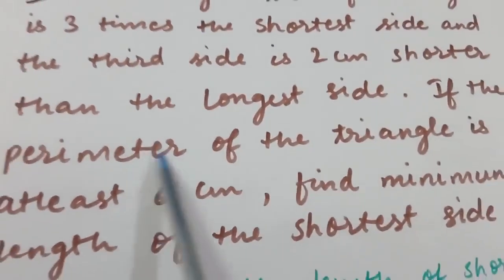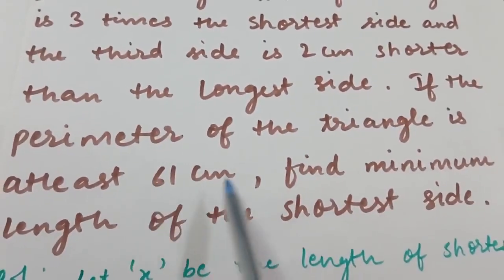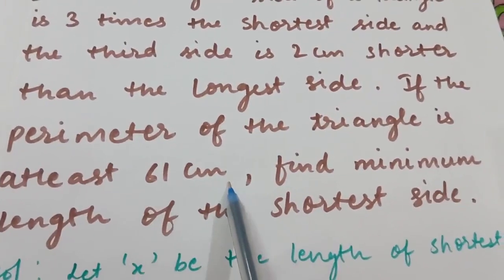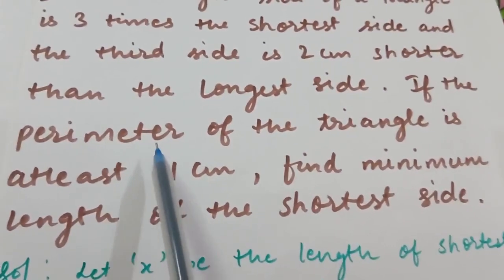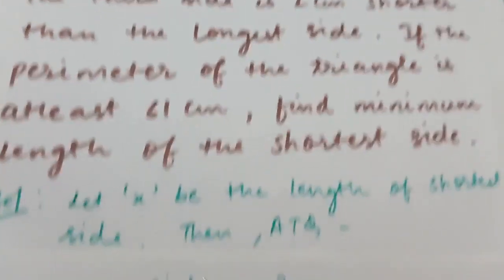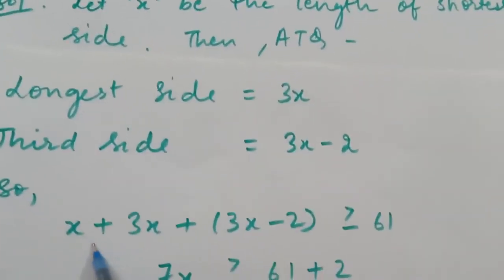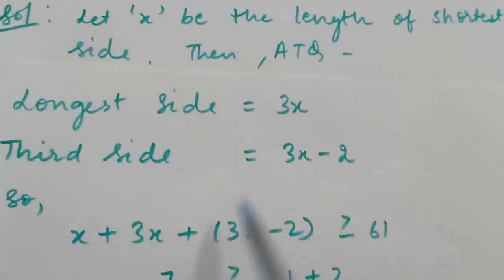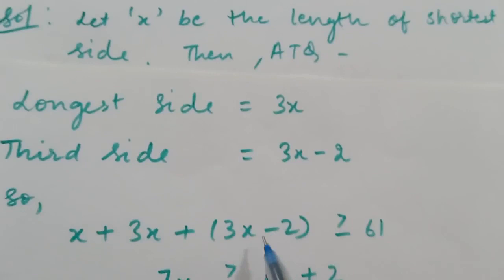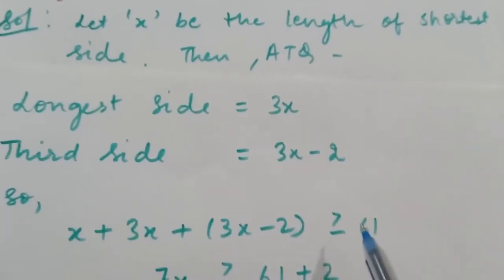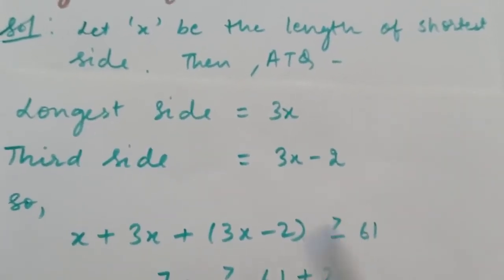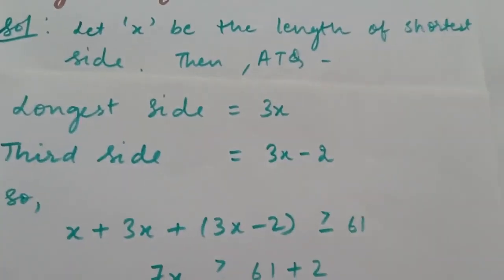Now it is given that the perimeter of the triangle is at least 61 cm. As perimeter is the sum of all three sides, so sum all three sides: x plus 3x plus the third side. Perimeter is at least 61, that is either equal to 61 or greater than 61, right?